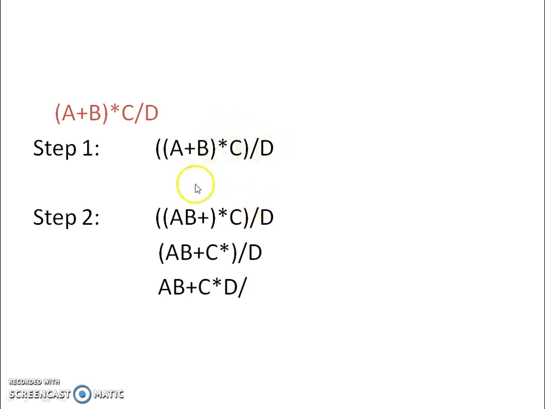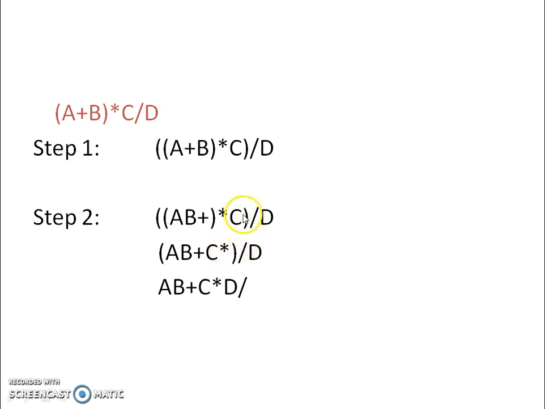Now we will start converting it. The innermost bracket is first evaluated. That means a plus b will become ab plus. Then after this, the bracket will be removed. Then ab plus we already have got. Then comes c. We'll bring c here, and the operator will come after the operand.